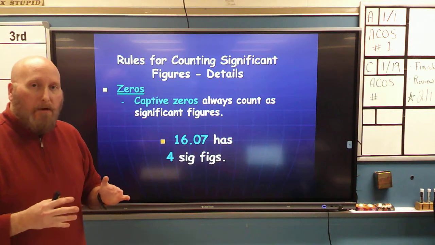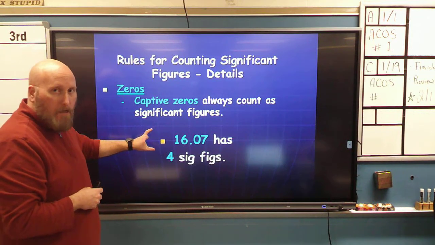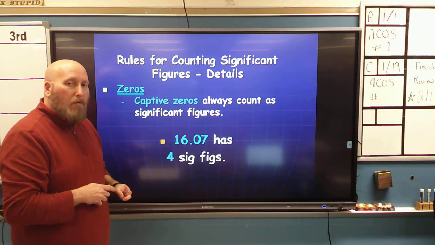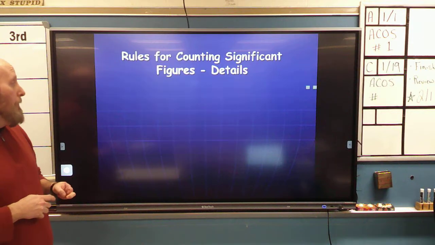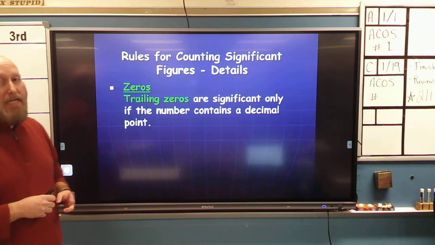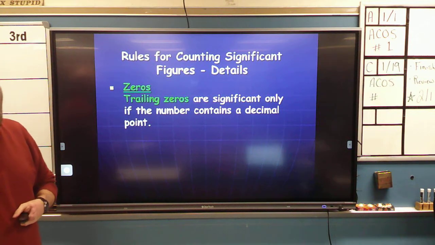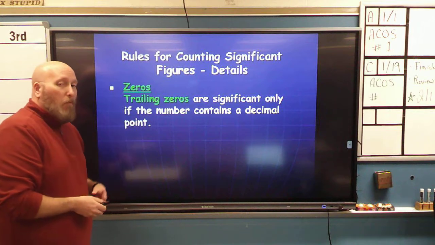Pretty straightforward, right? So we looked at zeros before the numbers and zeros between other numbers. What about the ones at the end of a number? They're called trailing zeros. Well, it depends as to whether or not they'll count based upon whether there is a decimal point.